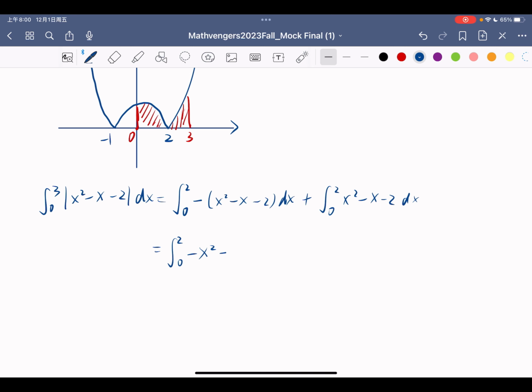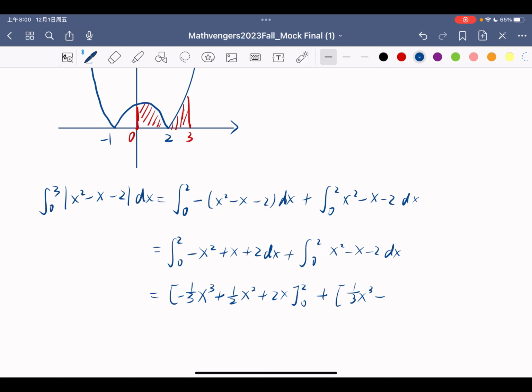Then we compute this. This is minus x cubed multiplied with 1/3 plus 1/2 times x squared plus 2x, from 0 to 2, plus. Okay, similarly we can get the integration for the second function.